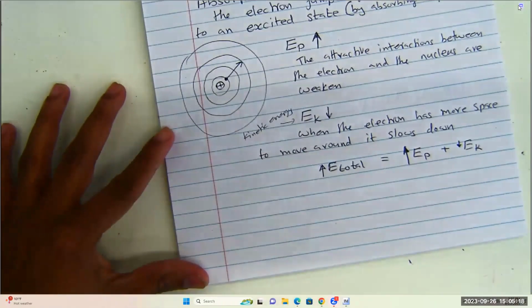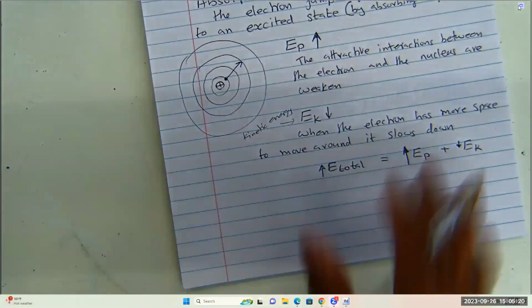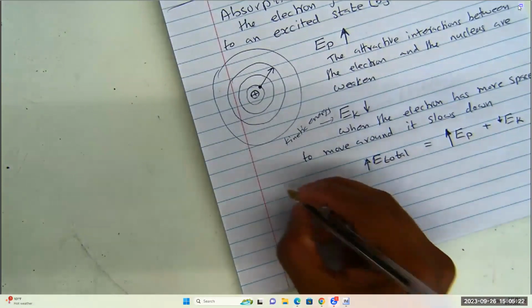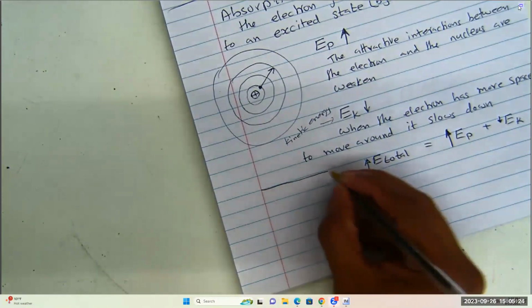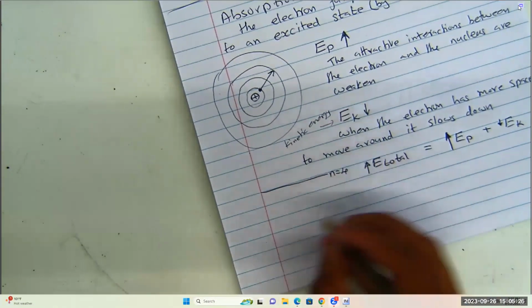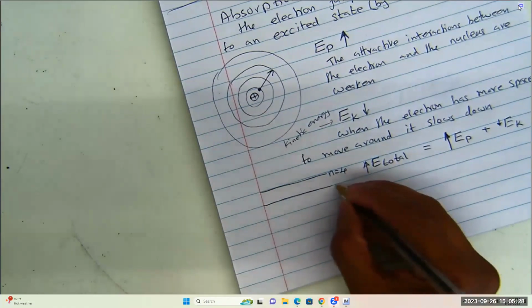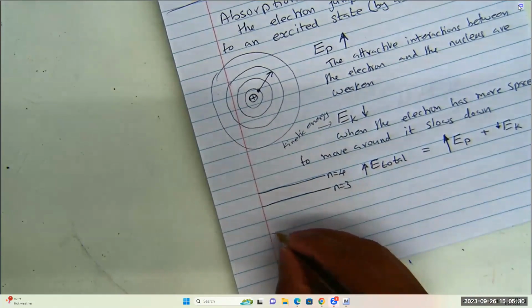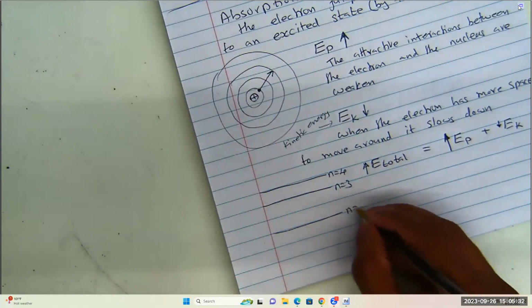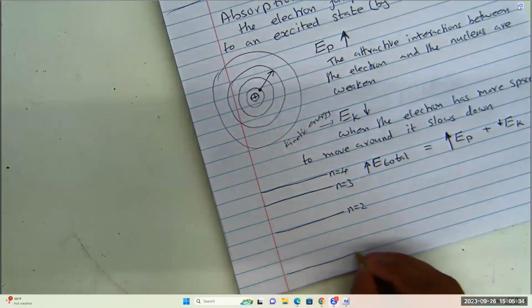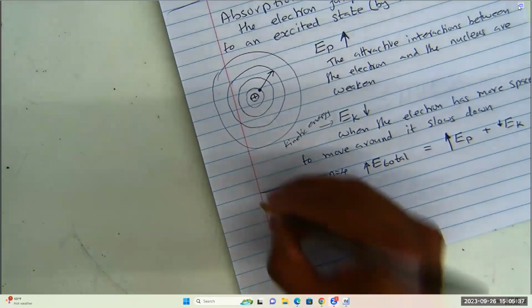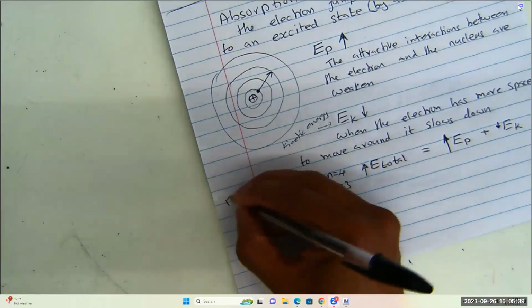So at this point, during the absorption process, let's do the same thing we had here. Here's n equals 4, n equals 3, n equals 2, n equals 1. Energy goes up in this direction.